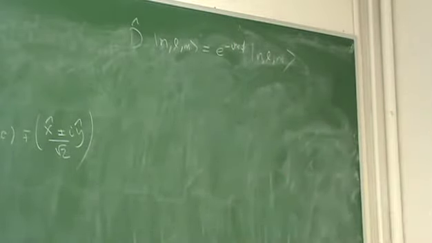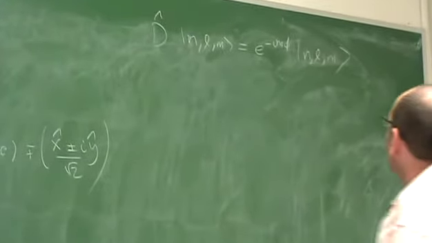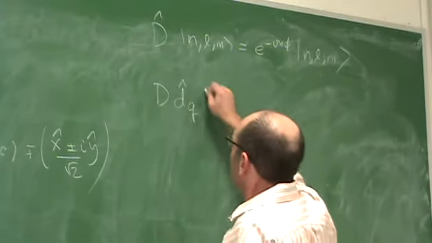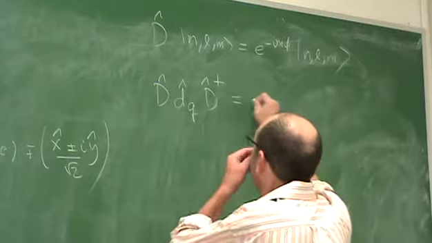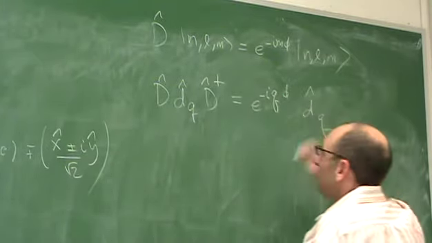Because they're eigenstates of Lz. And d, dq, d dagger is equal to e to the minus i q phi d phi.